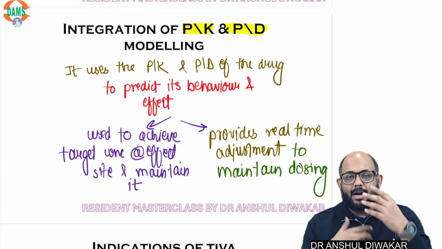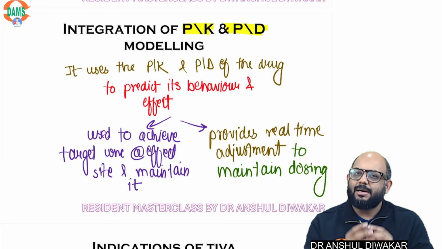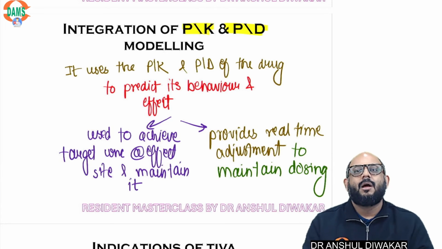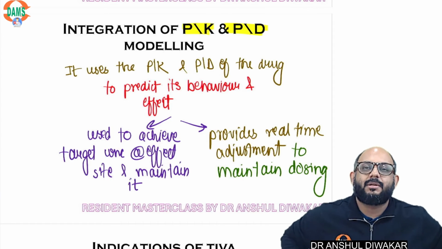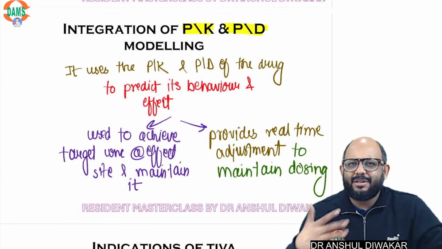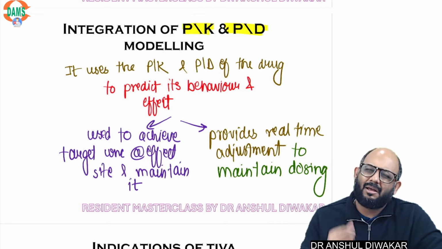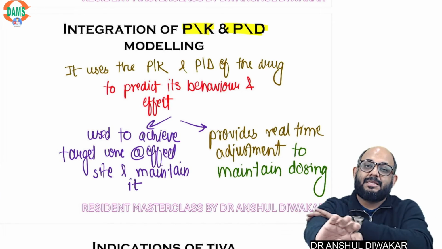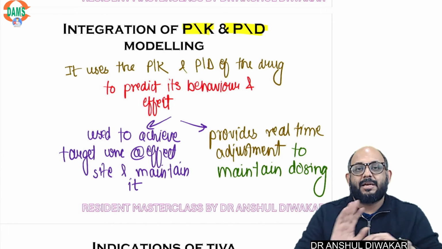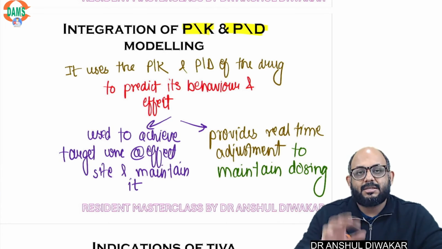If you start reading them, you will try to understand, and you will actually be able to understand it, but ultimately we can't reproduce it in the exam. So I have eliminated all that part where there is so much calculation, because we will never be asked to calculate it. We will be asked to write about TIVA, and rarely we are going to be asked to describe a TCI pump in the exam. Suppose it is kept in the table viva. All right. So this is about the basics.